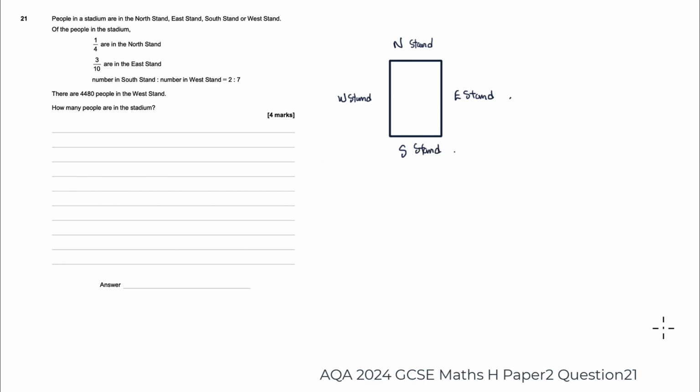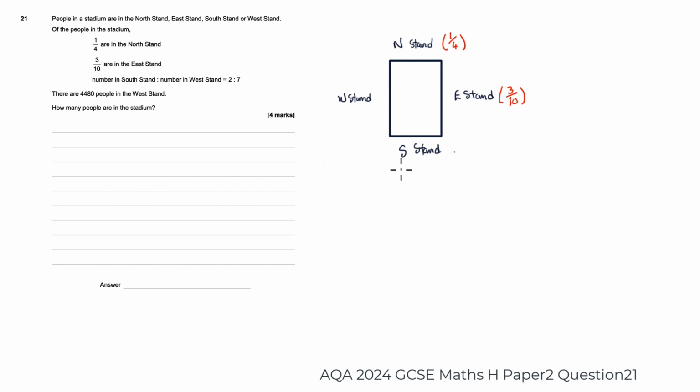And let's just look at what we're given. We're given that in the north stand, a quarter of the total in the stadium are in there, and in the east stand 3/10 of the total in the stadium are in there. We're also given another piece of information, and that's to do with the ratio of the people in the south stand to the people in the west stand, and that's 2 to 7, or 2 parts to 7 parts.